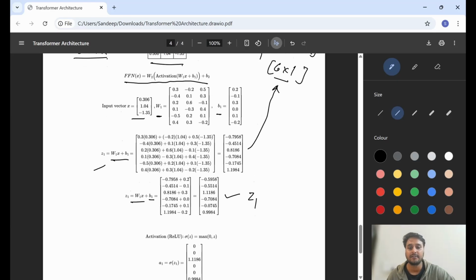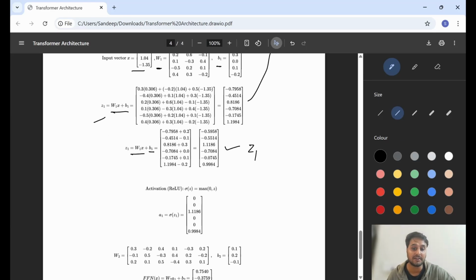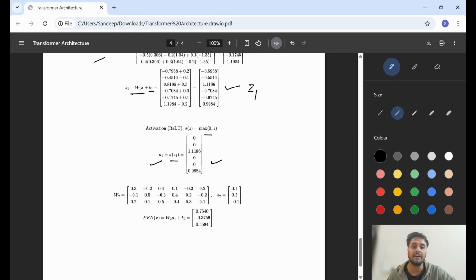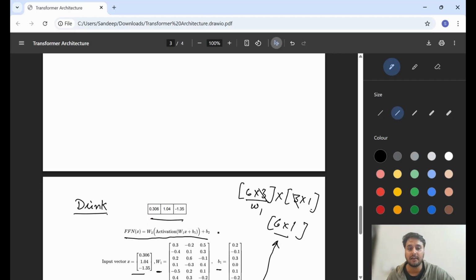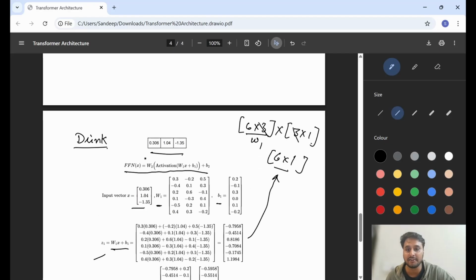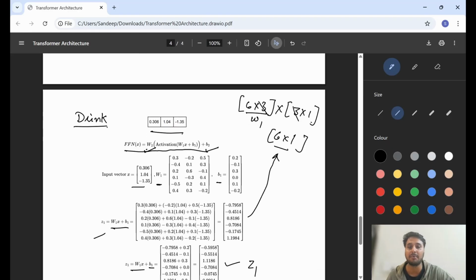Now the second operation: we apply the activation function ReLU, and the formula is simple, max of 0 and Z. So A1 is equal to sigma of Z1, and it will give us this resulted vector. Now we have just applied the activation function. Now it is time to multiply again with the second weight matrix W2 and add the bias.